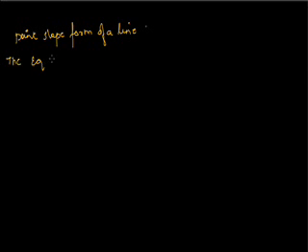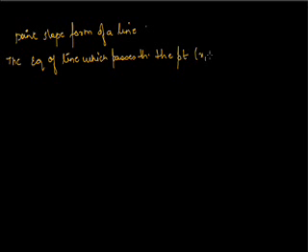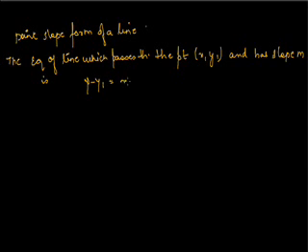Now the next topic is the point slope form of a line. The statement is: the equation of a line which passes through the point (x1, y1) and has slope m is y minus y1 is equal to m times (x minus x1).